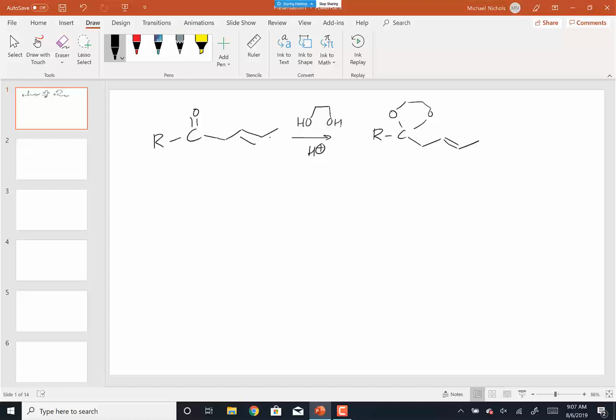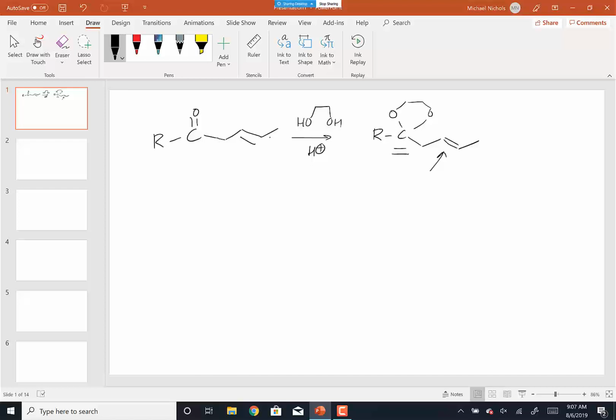That would let me do something with the alkene. This cyclic acetal is going to be stable to all reagents but acid and water.